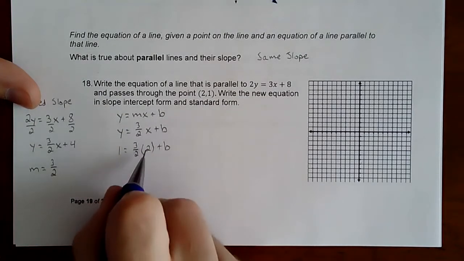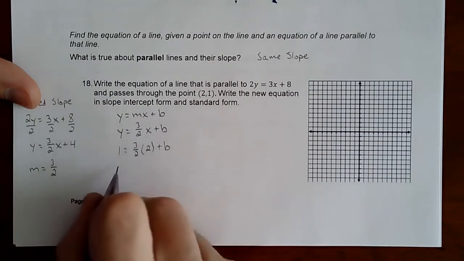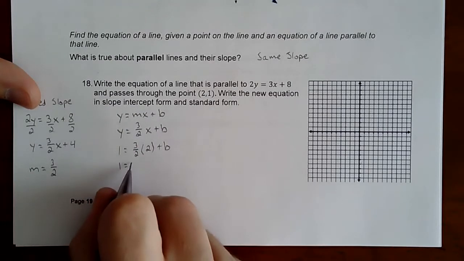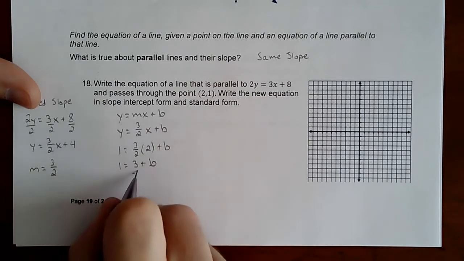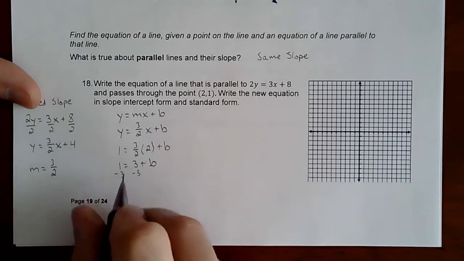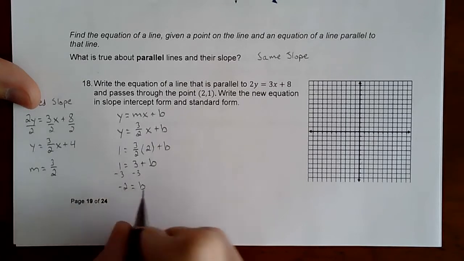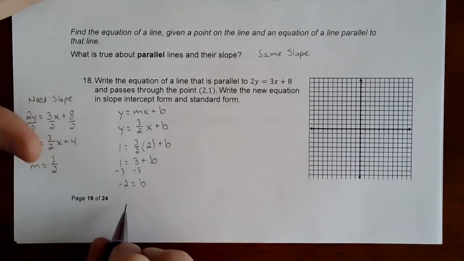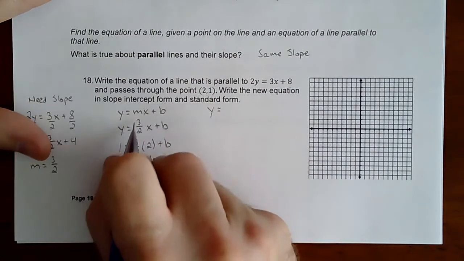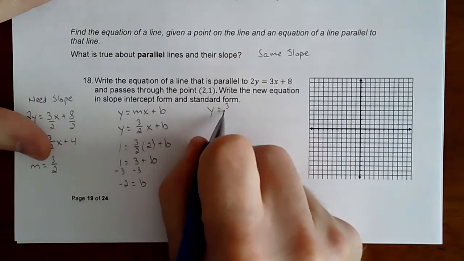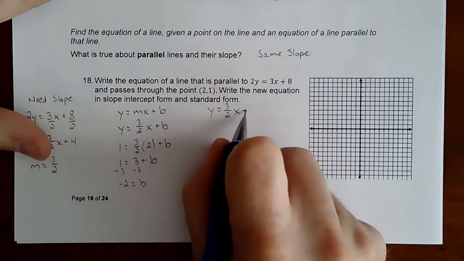If we multiply this, we have 2 divided by 2, which is 1, times 3 is 3. So 1 equals 3 plus b. Subtract your 3 over to get b by itself. And so we have -2 equals b. So our final equation is y equals 3/2 x minus 2.